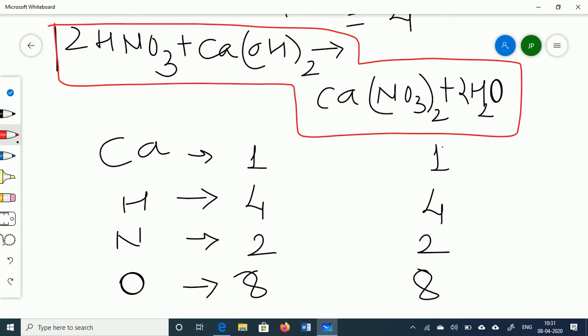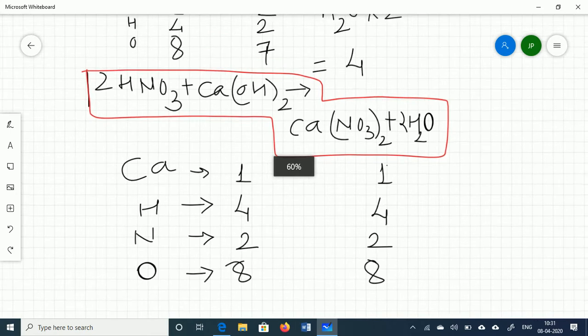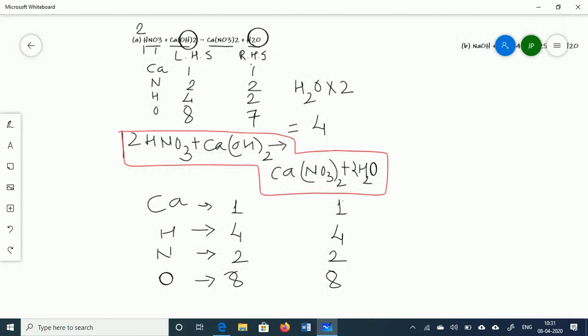Our initial step for balancing a chemical equation is to identify the number of atoms on the left hand side and on the right hand side, and according to that number we should multiply the chemical formulas in such a way that the number of atoms on both sides becomes equal, right?